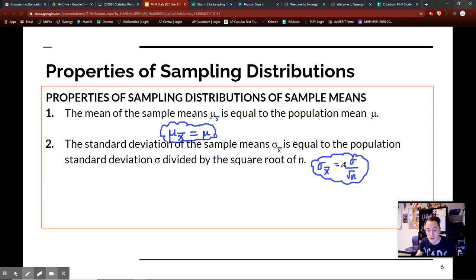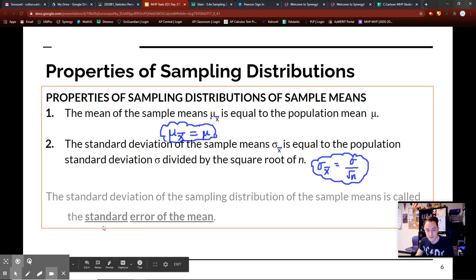So make sure we know this, because this is how you find your sample standard deviation. Basically the standard deviation of the sample means, so basically the sample standard deviation, that's what it is. How do you find the sample standard deviation? That's how you find it, okay? But you use the population standard deviation there.